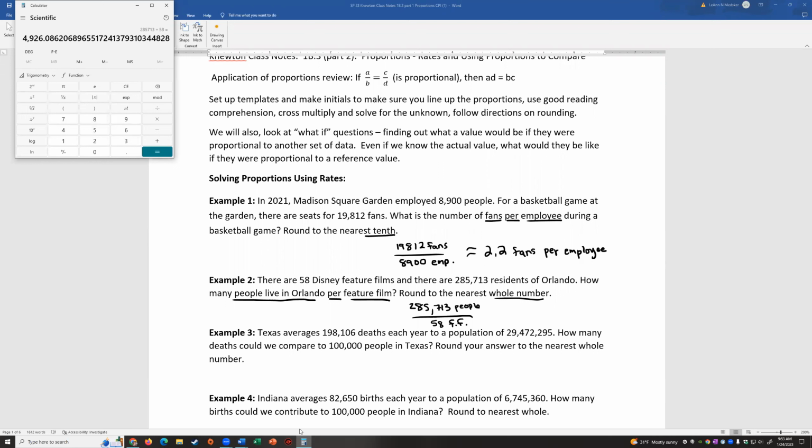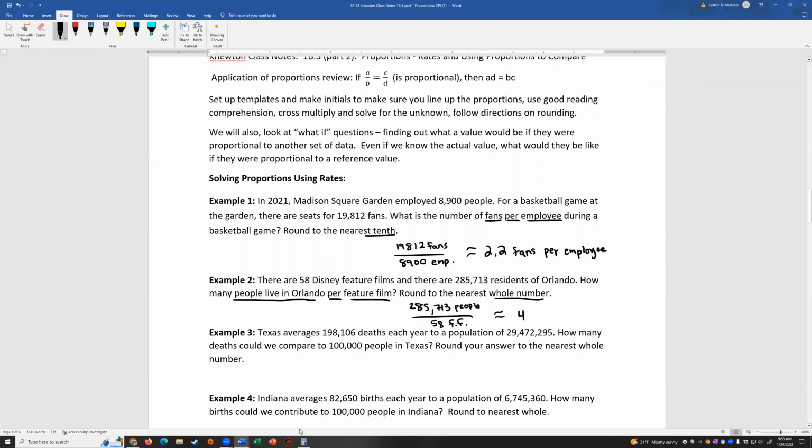That's 4926.0. So that 0 does not bump that 6 up. So 4,926 people that live in Orlando per feature film.